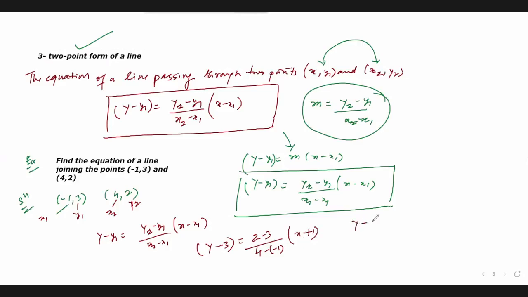So my equation became y minus 3 is equal to -1/5 into x plus 1. Cross multiply, then 5y minus 15 is equal to minus x minus 1. x plus 5y minus 14 equals 0 is my required equation.